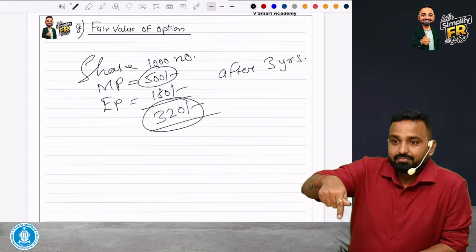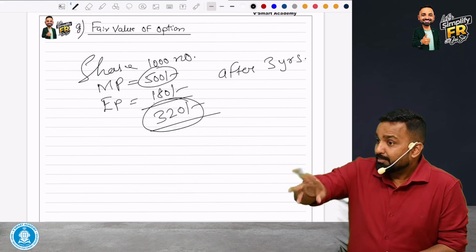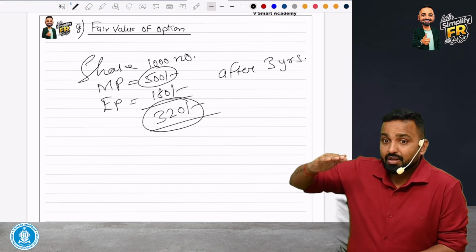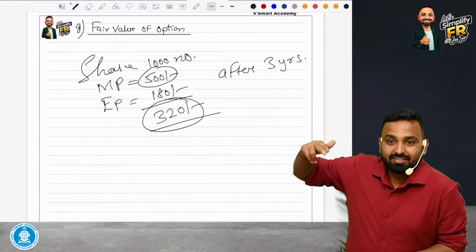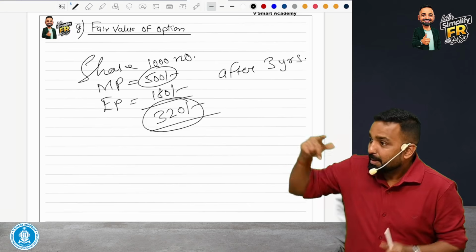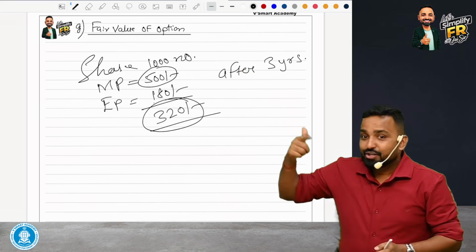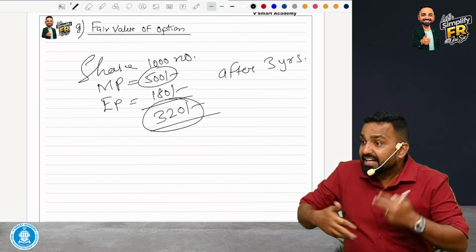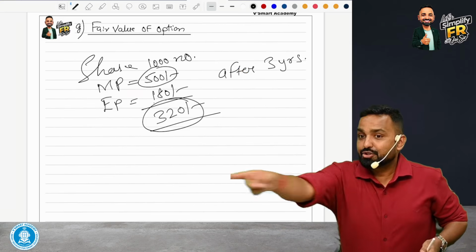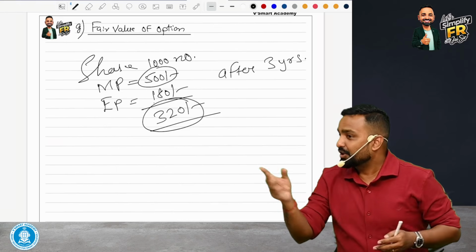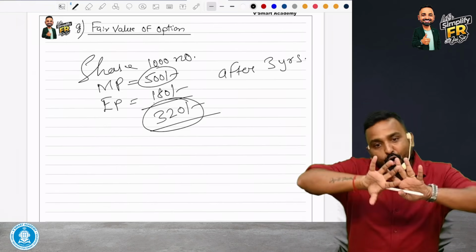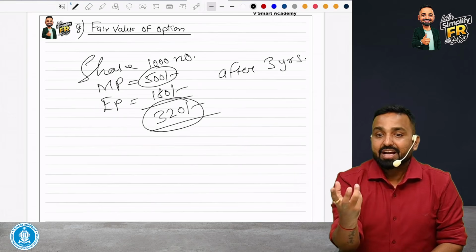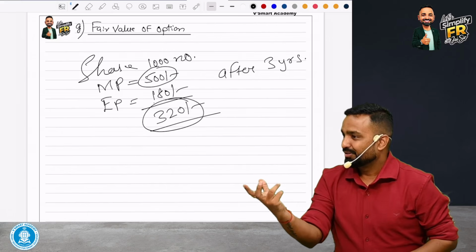Today's price, number of years, fluctuations, past trend, and the RBI interest rate. Why? Because of your minimum expectation of return. So the expert will consider all these elements and will calculate an estimated fair value.